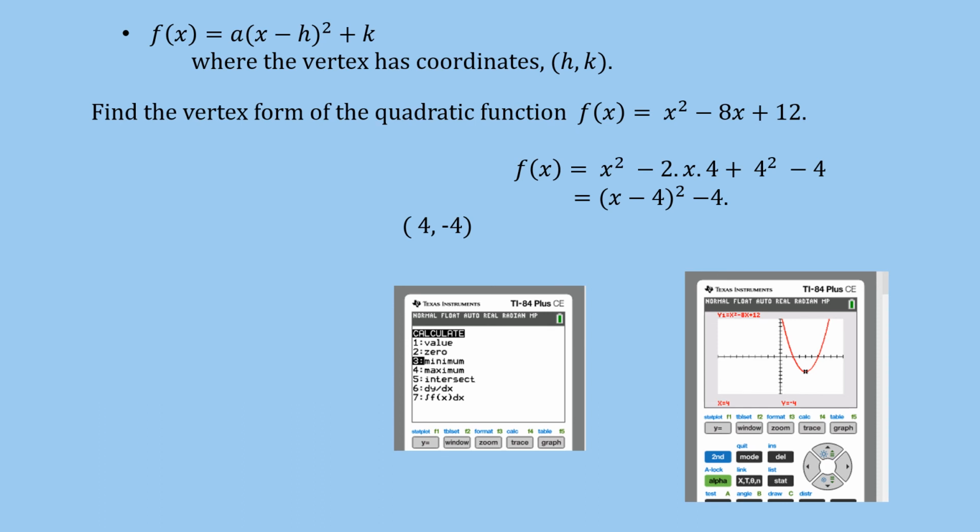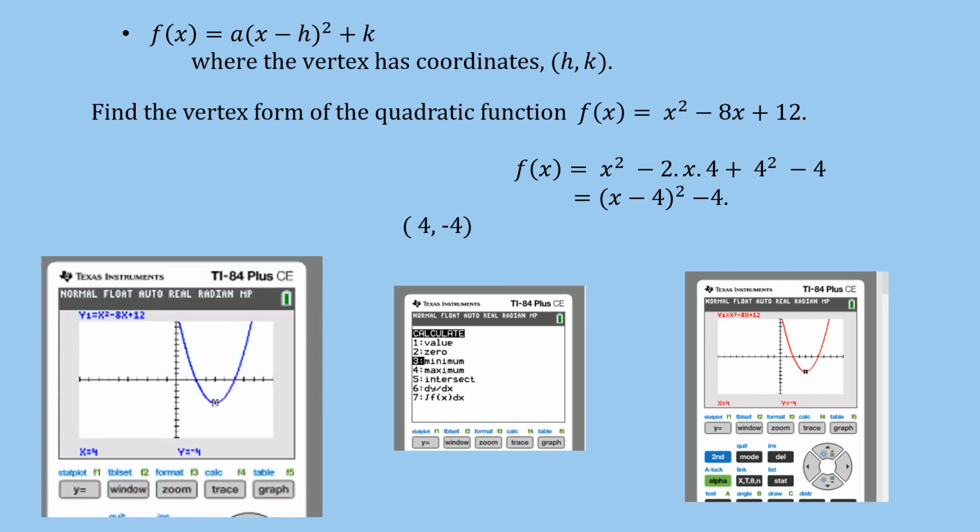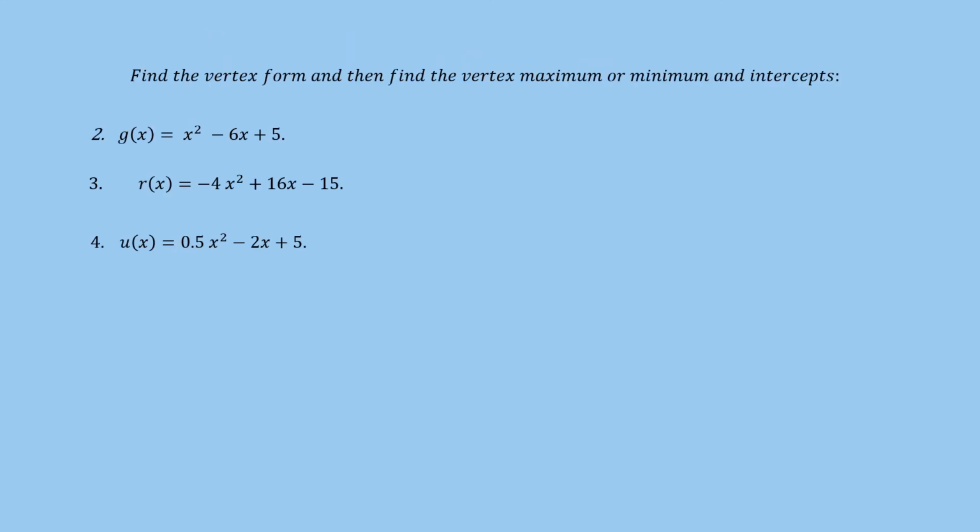Earlier, we used a graphing calculator to draw the graph, and the minimum value of this graph, which is at x equal to 4 and y equal to negative 4, will be the vertex. Or we can also find the vertex without using the perfect square method.